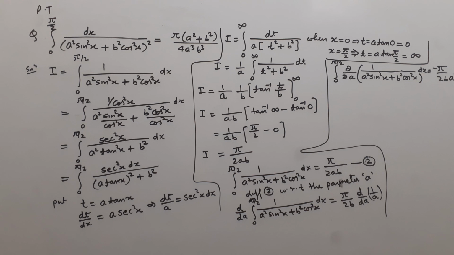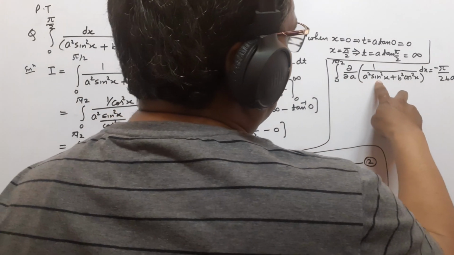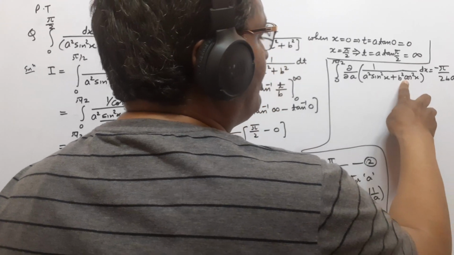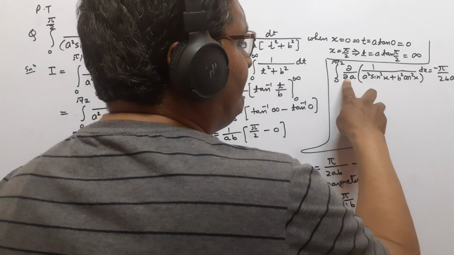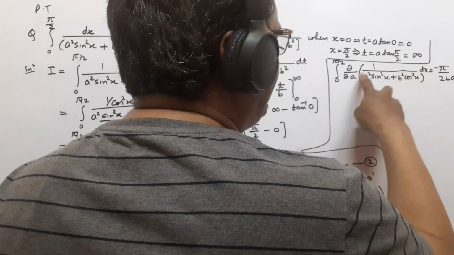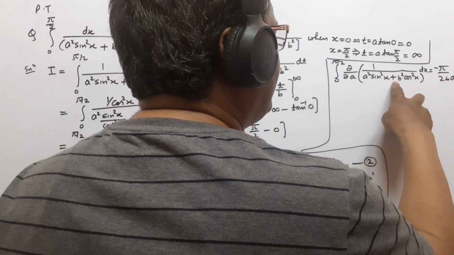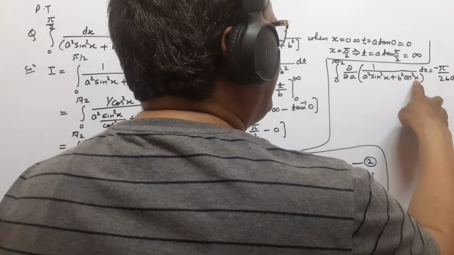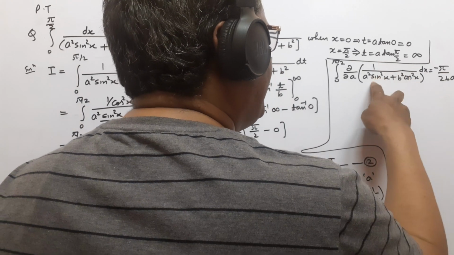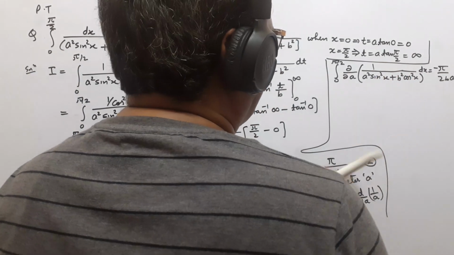And on the left hand side, this ordinary differential operator d by da goes inside the integral sign, it converts into partial. Now when we differentiate 1 upon a square sin square x plus b square cos square x partially with respect to a, we suppose that a square sin square x plus b square cos square x is equal to A, so the differentiation of 1 upon A is minus 1 upon A square.